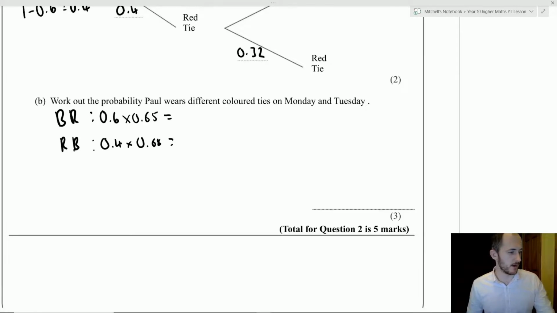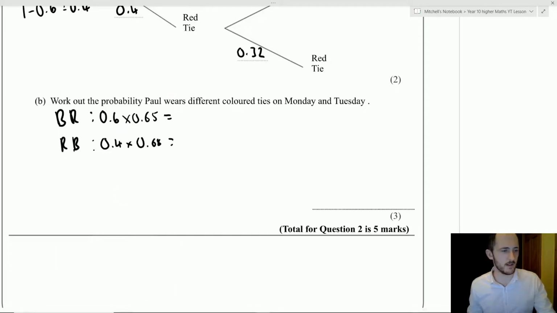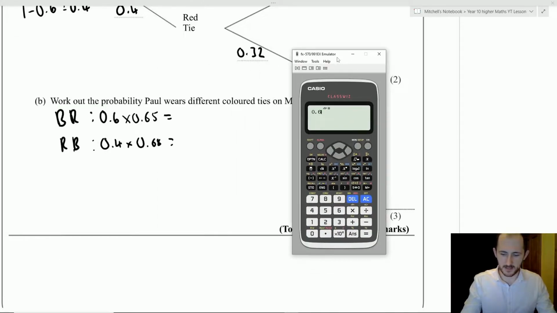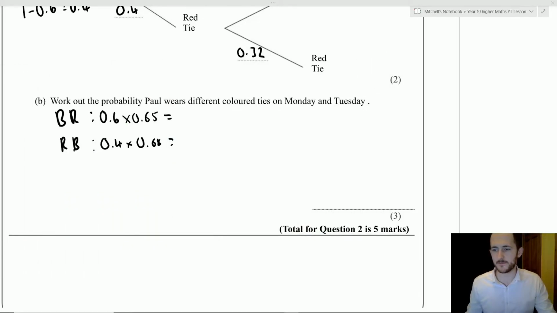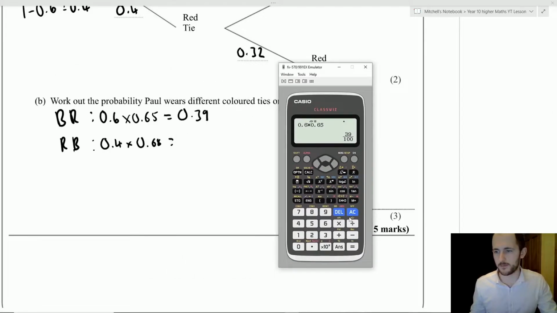So now we can pull up our calculator. Perfect. So 0.6 multiplied by 0.65 gives me 0.39. And then we also have 0.4 times 0.68, which is 0.272.